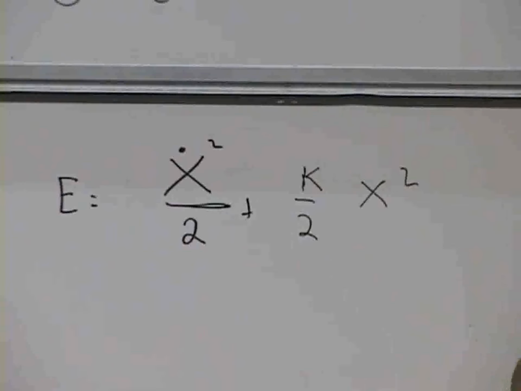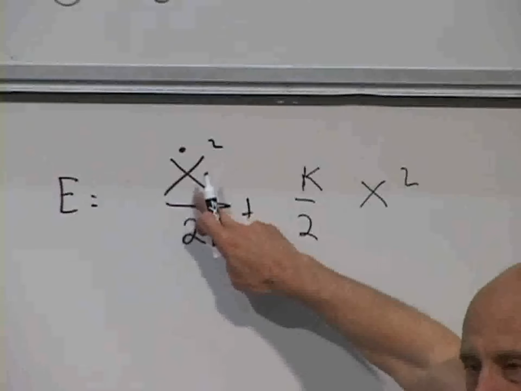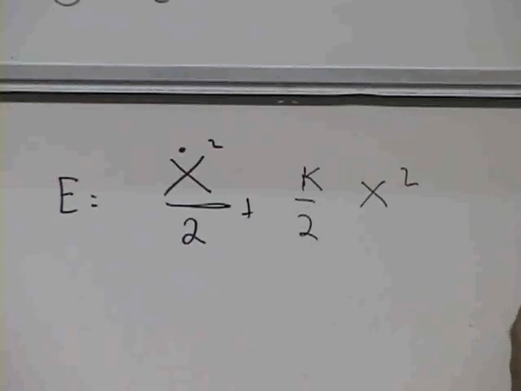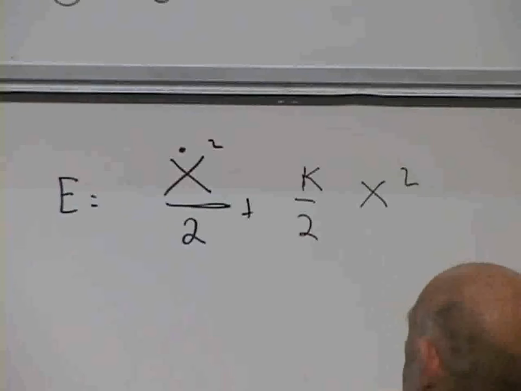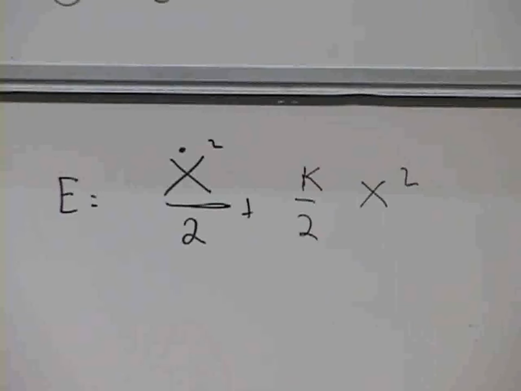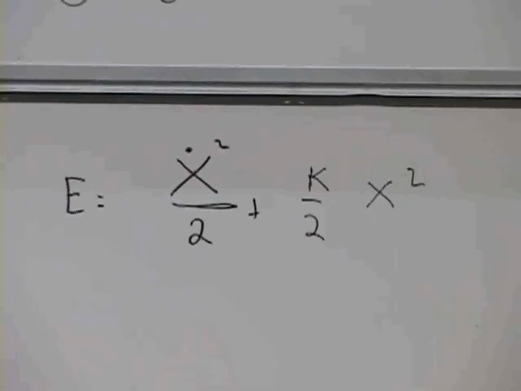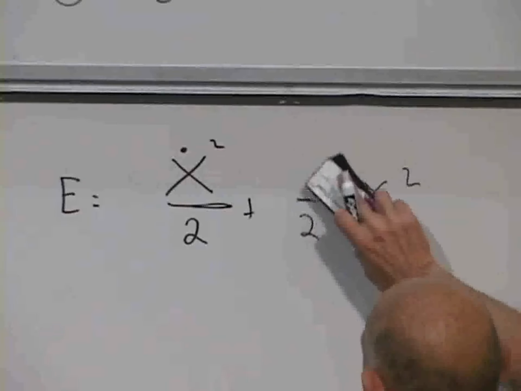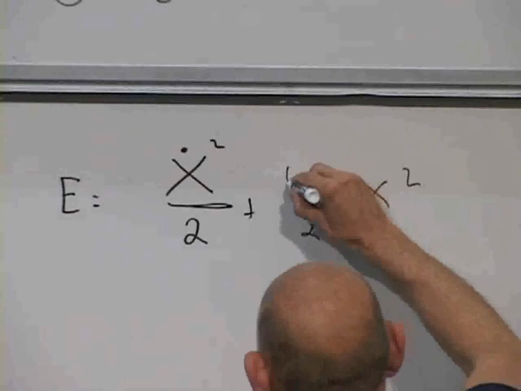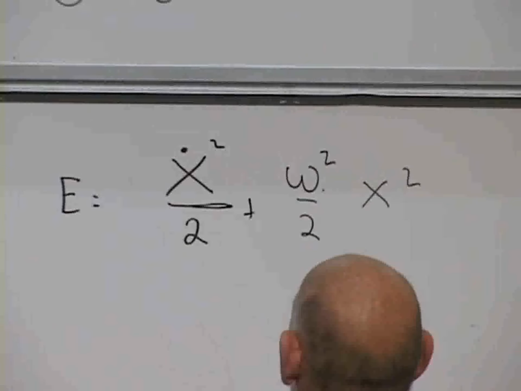Can anybody tell me what the frequency is? Yeah. Square root of k over m. But m is 1. I've chosen m to be 1. I'm working in a formulation where m is equal to 1. So what is the frequency? The frequency is the square root of k. Or in other words, k is the frequency squared. Let's just put it there, omega squared.